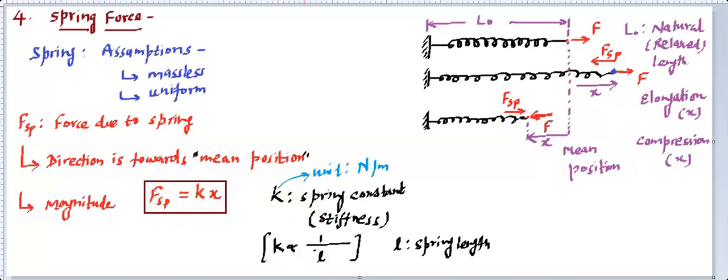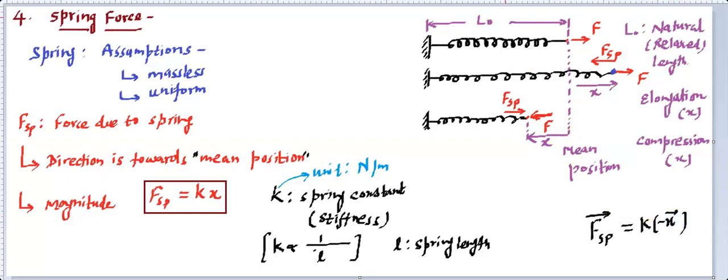Now, sometimes in textbooks you can also combine these two together, because we know how to write vectors in vector format. Here we write magnitude and direction separately, but you can combine them together. If you combine them, you can write F_sp, the spring force as a vector quantity, equal to K times minus x vector.